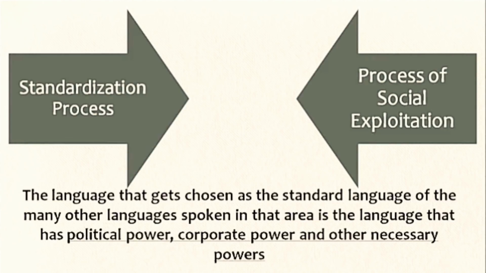The Prime Minister of India speaks in Hindi because that is the standard language. It has corporate power because those languages are used in corporates, not just government but also private. English is mostly used in all the private firms across India. And that particular language has other necessary powers.